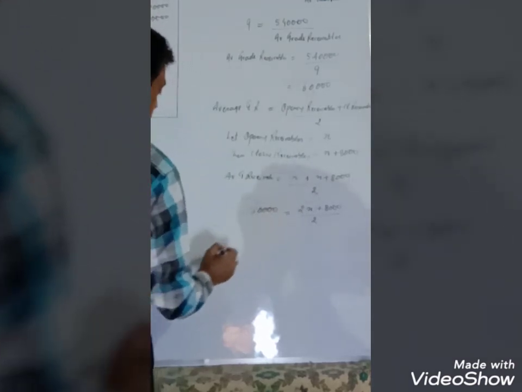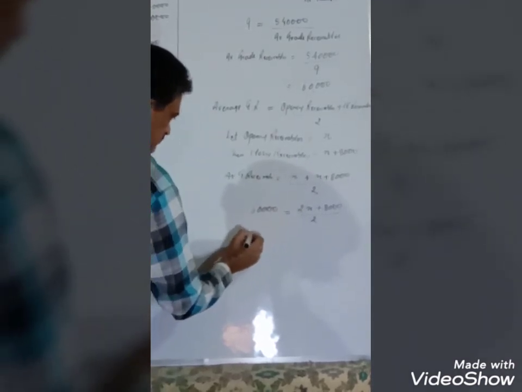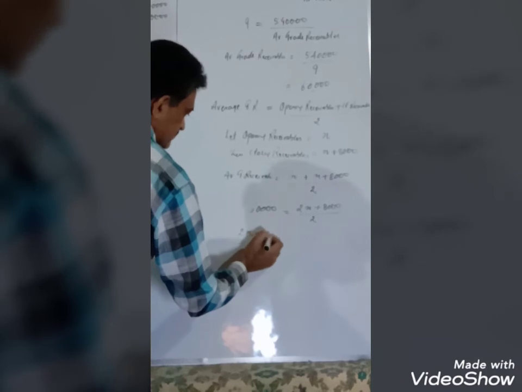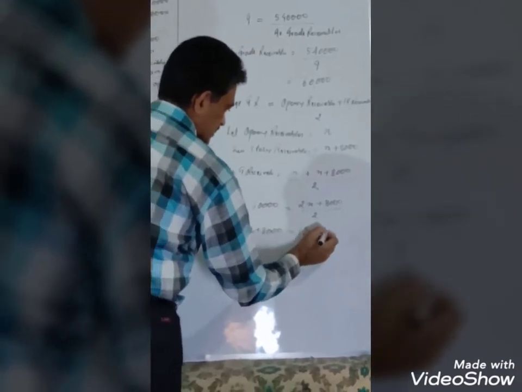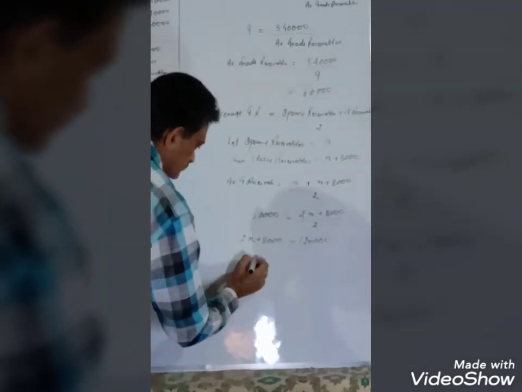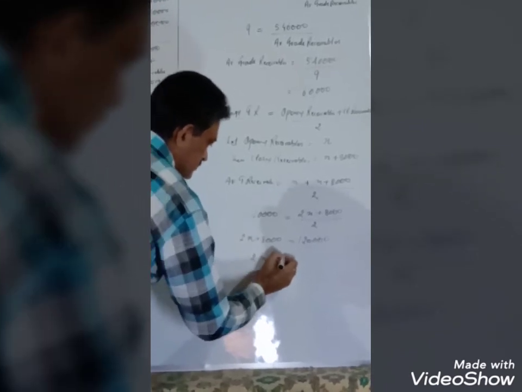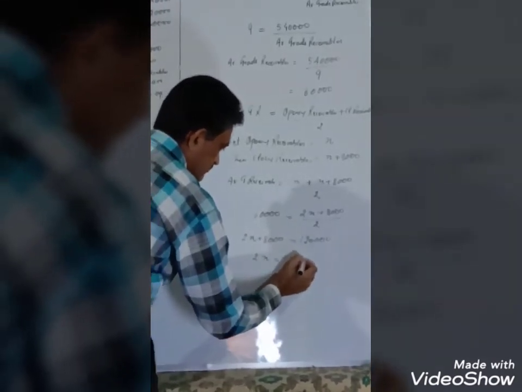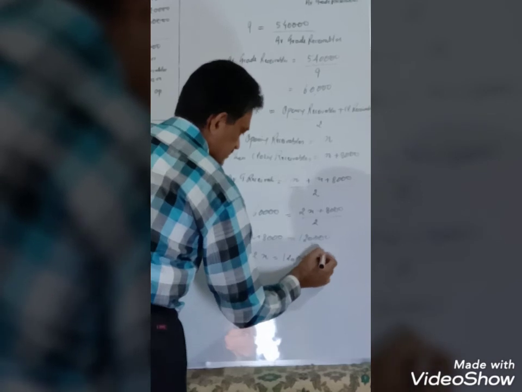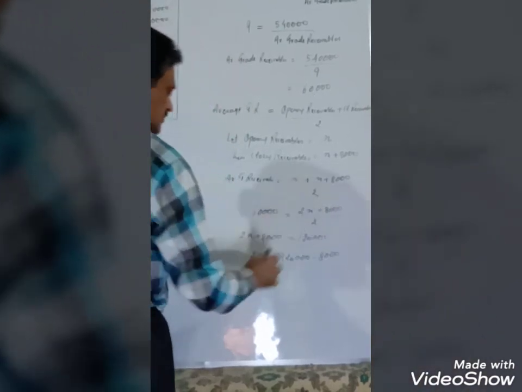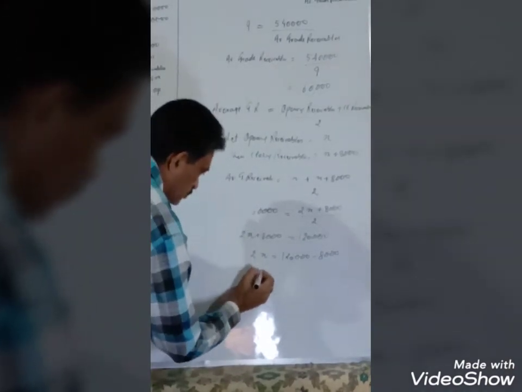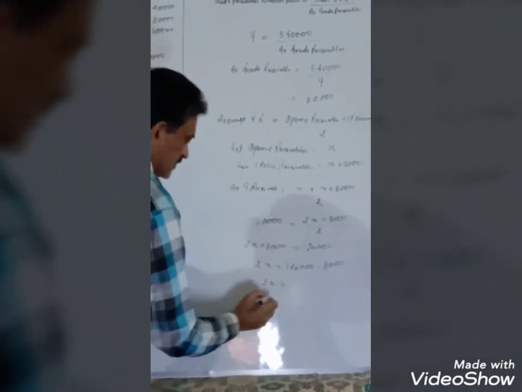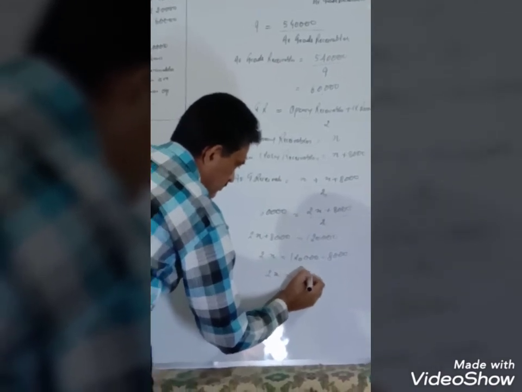Now by simplifying it, 2X plus 8,000 is equal to 1,20,000. This is what we get by cross multiplying. Now 2X is equal to 1,20,000 minus 8,000. We are transferring 8,000 to this side. Now 2X will become 1,12,000.